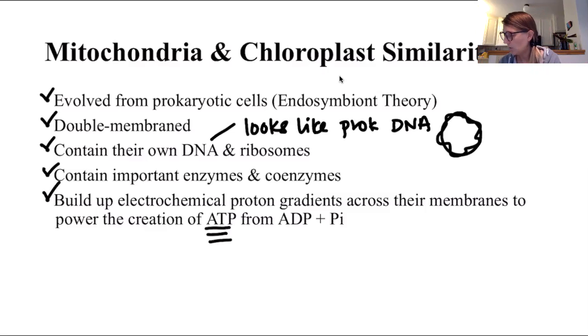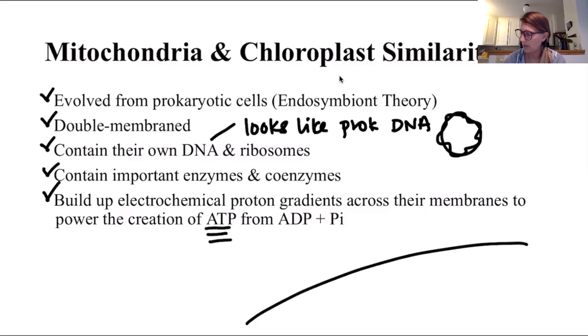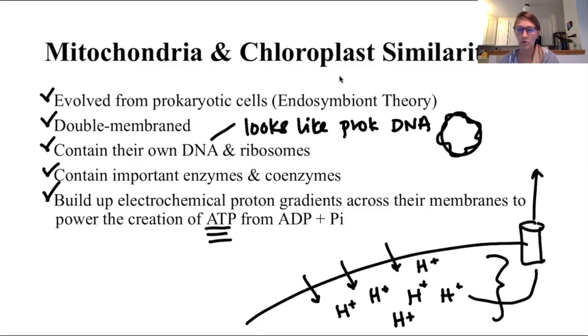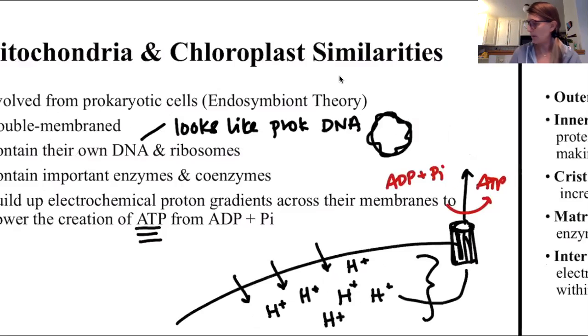Remember, when we build up an electrochemical gradient, protons are shoved in against their concentration gradient. Then we will watch how things can flow down their electrochemical gradient in order to create ATP, as ADP is put together with inorganic phosphate.